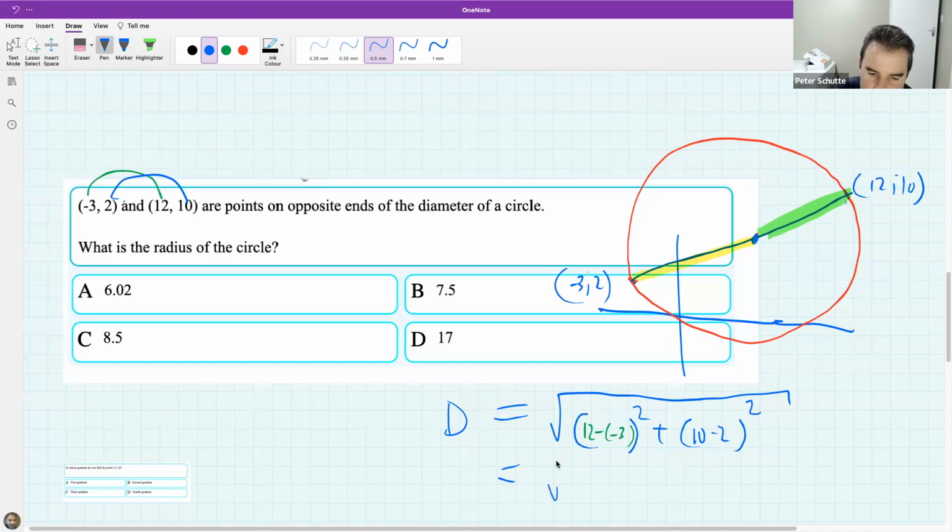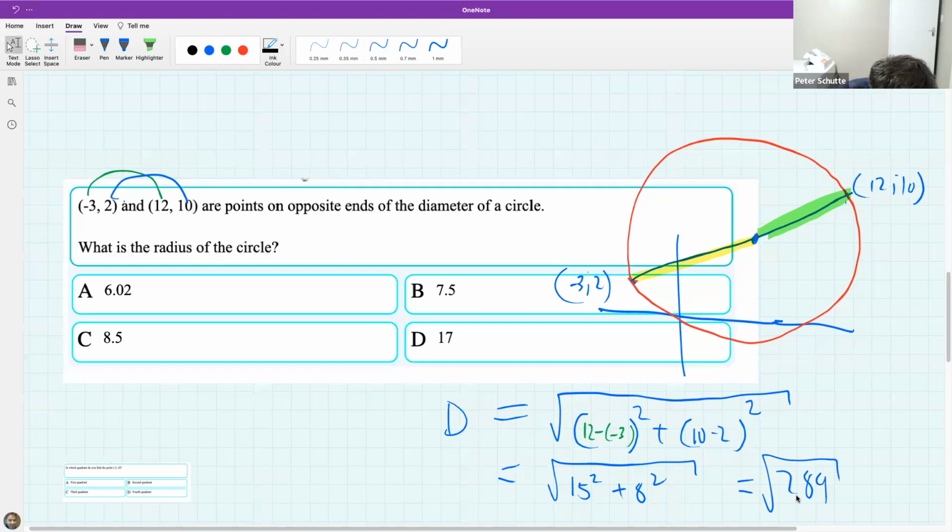And then I have 15 squared plus 8 squared, which, if I use my calculator, is 289, but square rooted, which is 17. Now, the problem is, is 17 the correct answer?